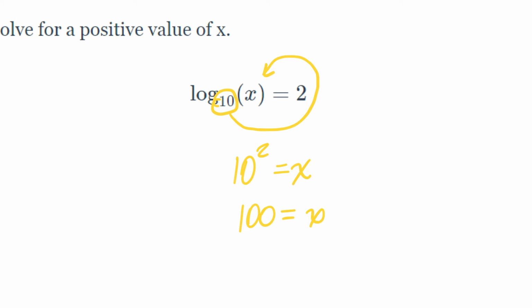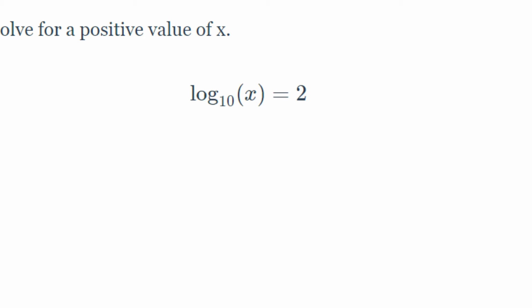But what we're going to talk about today is getting rid of the logarithm. So this is log base 10. Again, this could have been written as just common log, but to get rid of log base 10, we use a base 10. We use a base 10 on both sides, and whatever way you do it, obviously you're going to get the same answer. 10 to the second power is still 100.